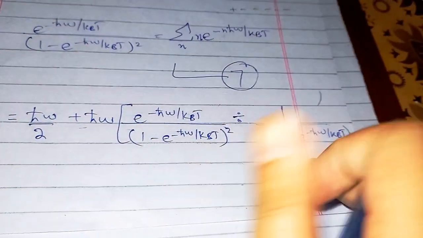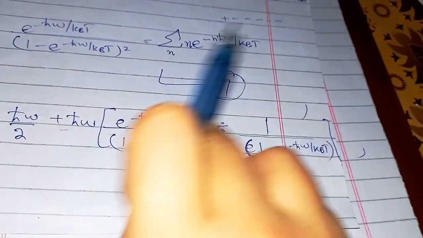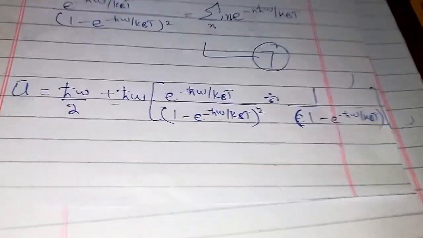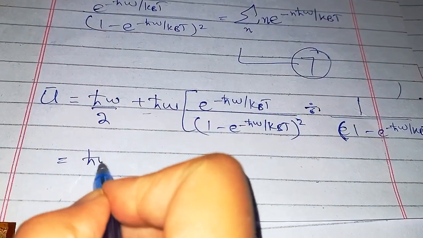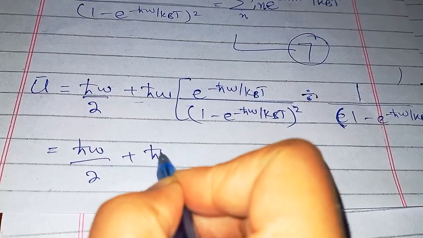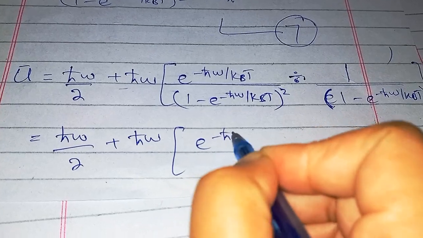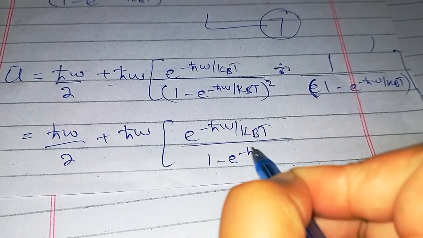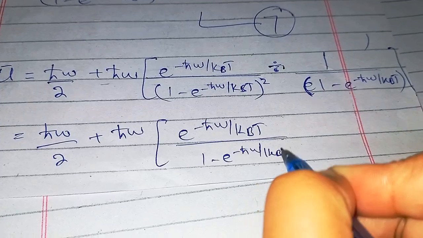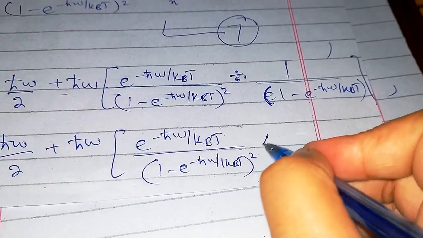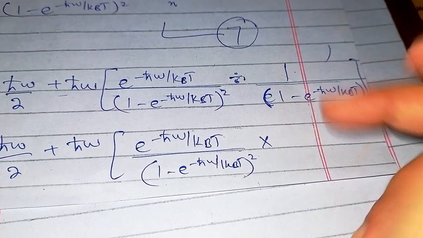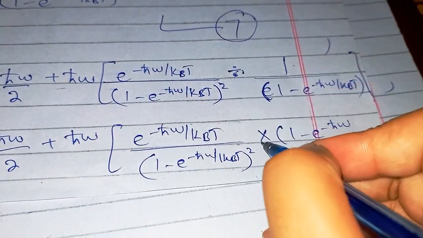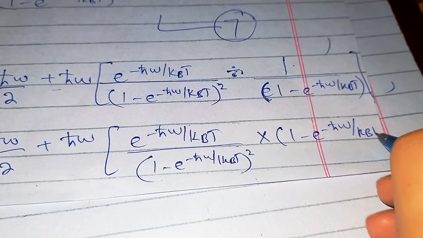Okay, 1 divided by this. And when we change this division to multiplication, it will become inverse. e to the power minus h cut omega by kBT divided by 1 minus e to the power minus h cut omega by kBT whole squared. The multiply sign makes it the numerator now. When division changes into multiplication, this happens.